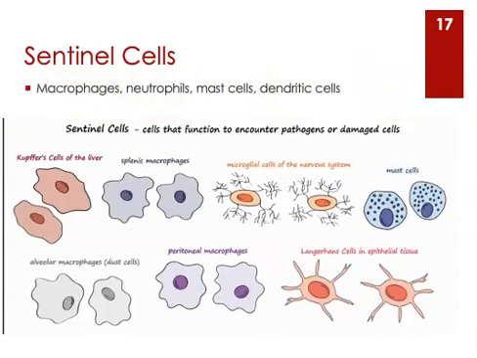For example, you have macrophages circulating in your bloodstream, but you also have macrophages, for example, in your liver. These are specifically called Kupffer cells, and they are present in the tissues of your liver to encounter and respond to any pathogens that might invade your liver.